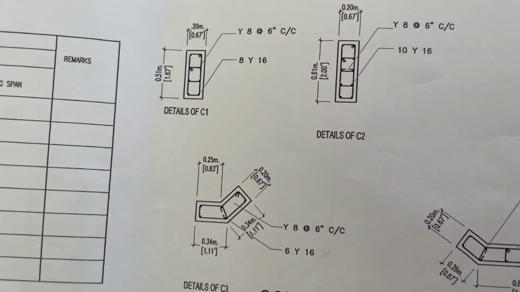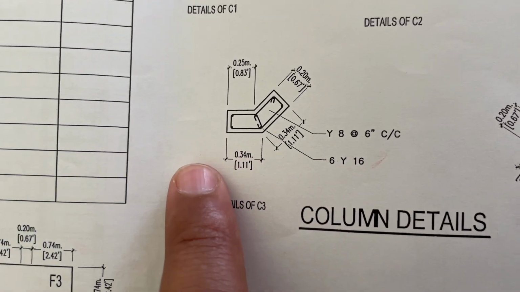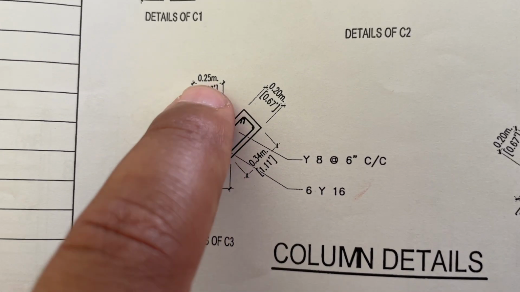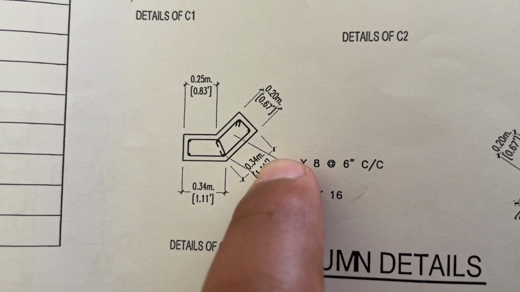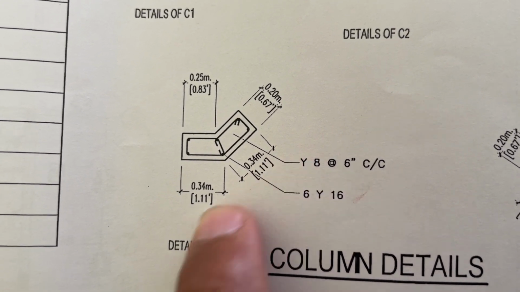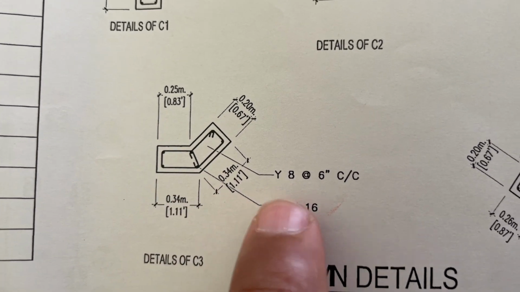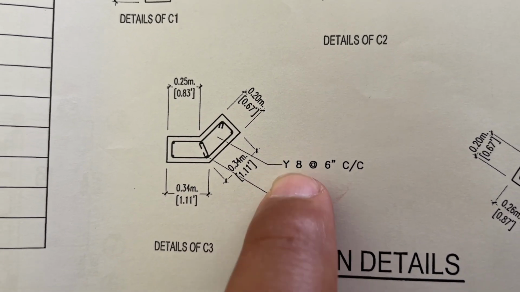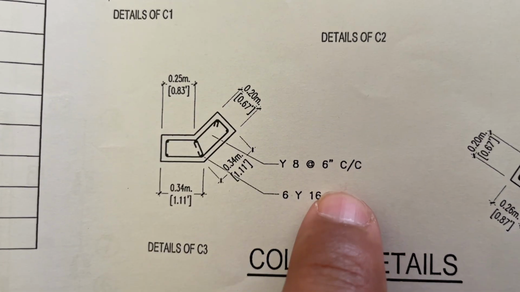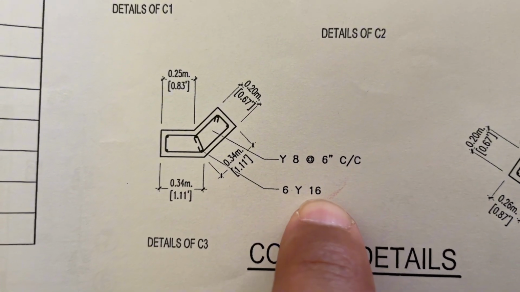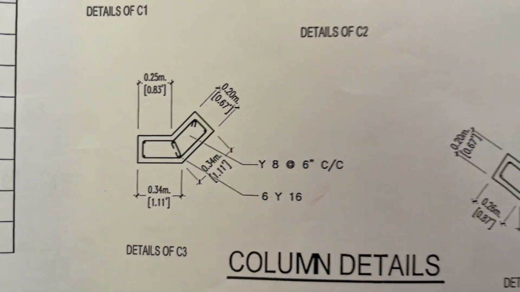Okay, after that we have C3 details: 0.25 meter, that is, 25 centi, and here 0.34 meter, that is, 34 centimeter. After that the same details: 8 mm ties at 6 inch center to center, and 16 mm main bar, 6 pieces we will put.